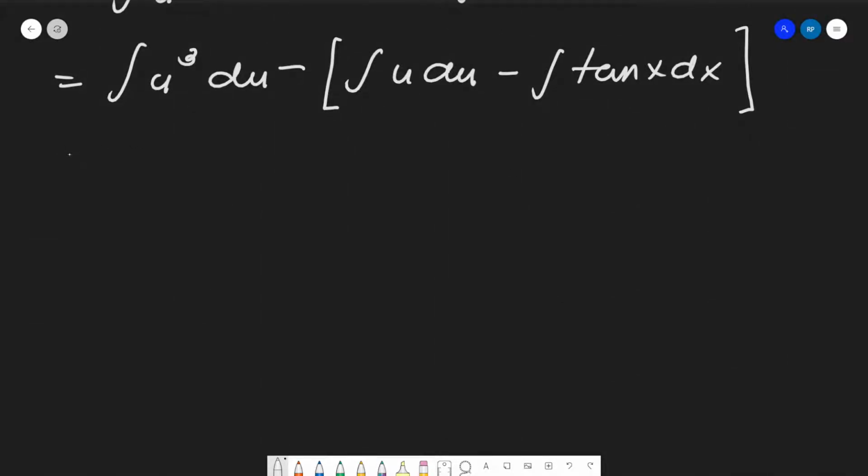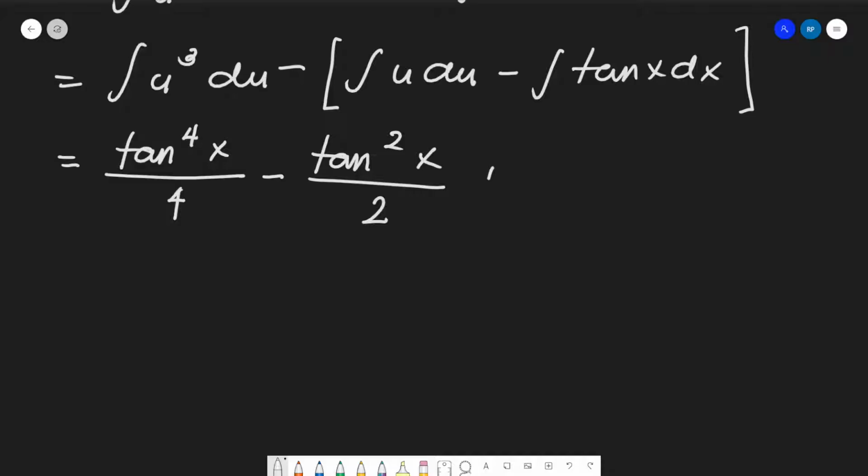So, our final answer is tangent to the fourth x over 4 minus tangent squared x over 2 plus, kasi diba, distribute natin to dito, plus times negative.